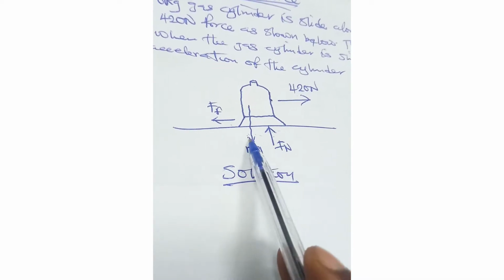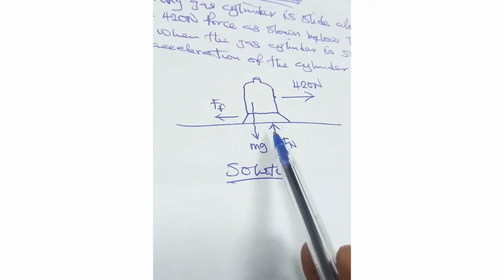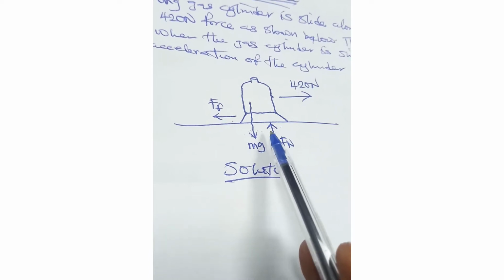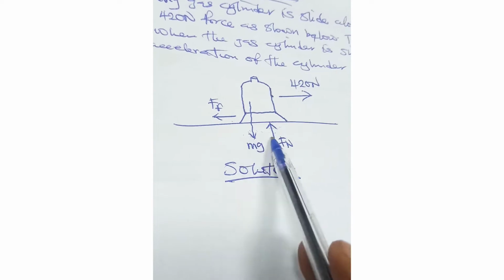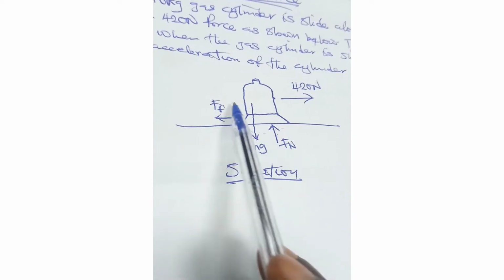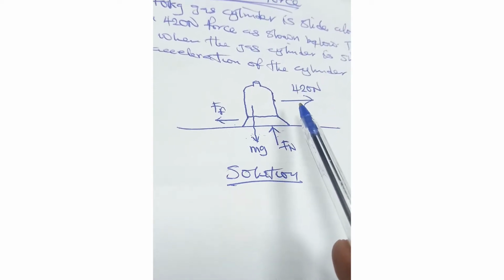Remember that these two forces are acting vertically, that is in a static position. They are acting on the body in a static direction, while these two are acting in a sliding motion.